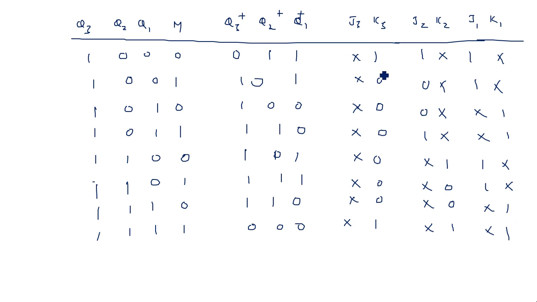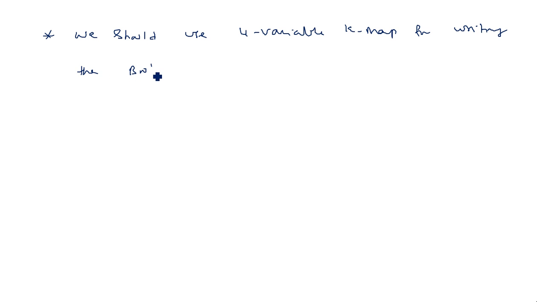Okay. Now what we need to do, we need to identify the equation for J3, K3, J2, K2, J1, K1. So for that we should use a 4 variable K map for writing the Boolean expressions for J3, K3, J2, K2, J1 and K1.